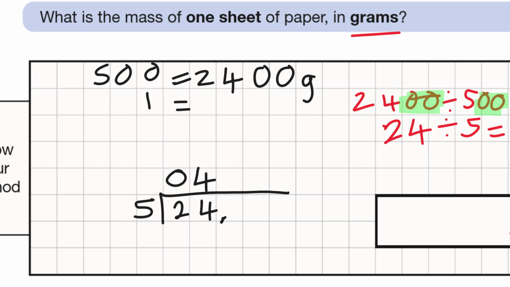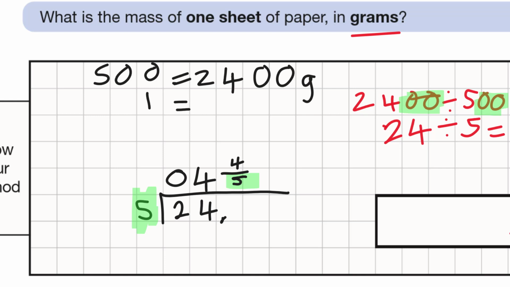The remainder is always the numerator, and this divisor becomes your denominator. So it's 4 and 4/5.